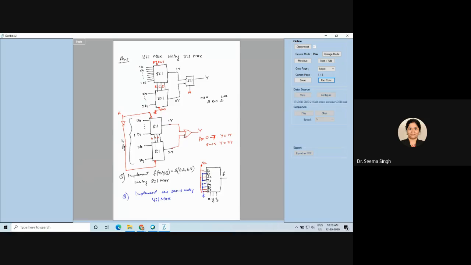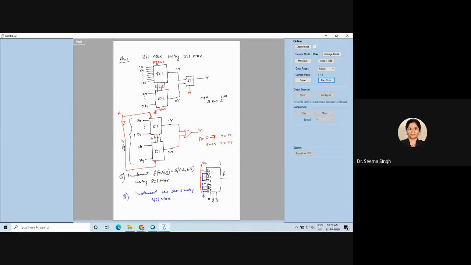Now there are 2 ways, I will tell you. Listen to me carefully. If I ask you to use a 4:1 mux and implement this, what is coming to your mind? Immediately you are thinking, I will take 2 4:1 muxes and connect them in a cascaded form the way this one is connected, and I will do the same thing here. Yes, you can do this.